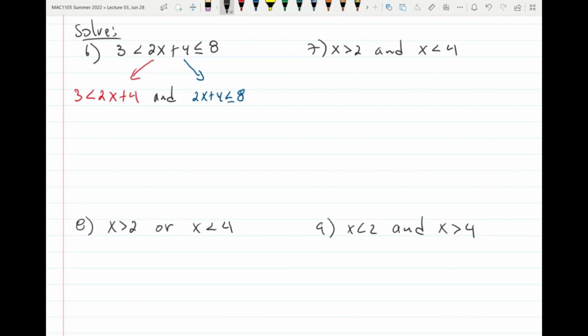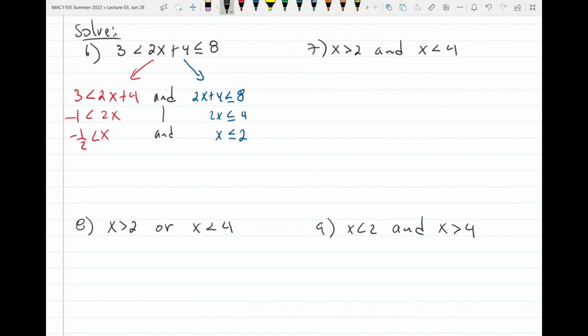So now, solve it as usual. So here we're going to get -1, then divide by 2. And so here we're going to get 4 and divide by 2. So we have the statement -1/2 is less than x and x is less than or equal to 2.